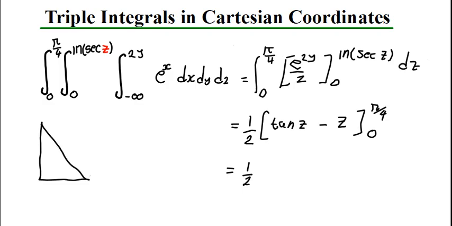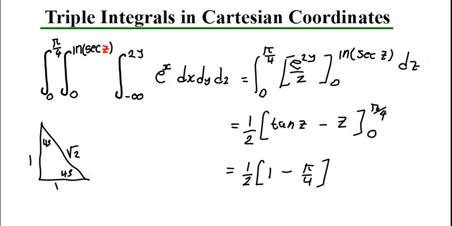So if this is 45, pardon me, those lines are not straight, that would be 1, 1, and the square root of 2. Tan is opposite over adjacent, that's 1 over 1, which is 1. So you have 1 here minus z, just put pi over 4.